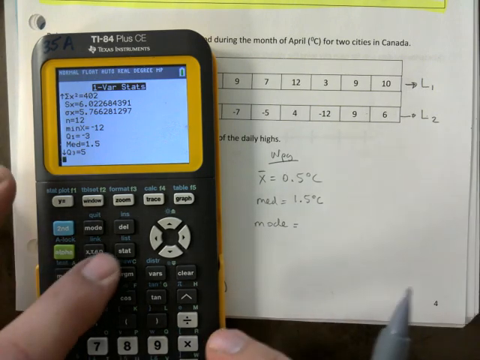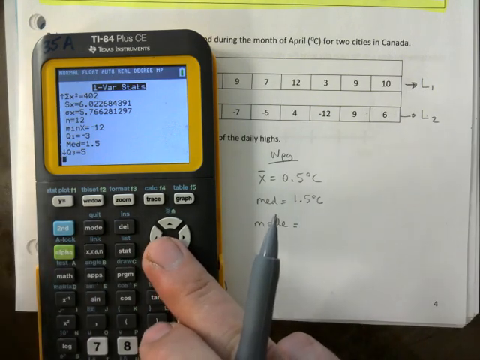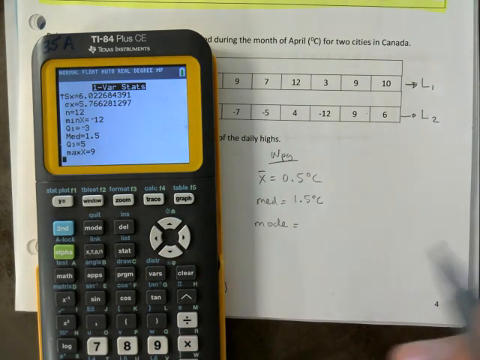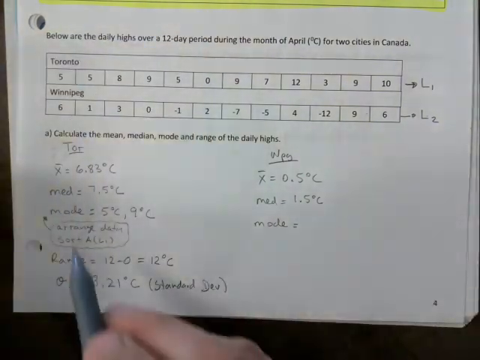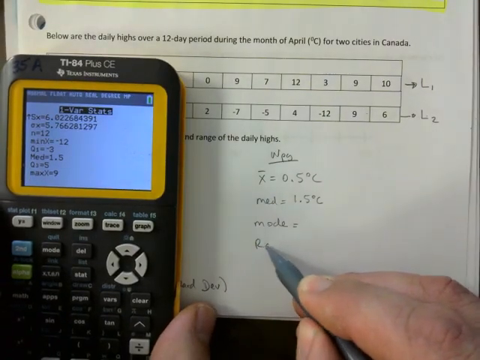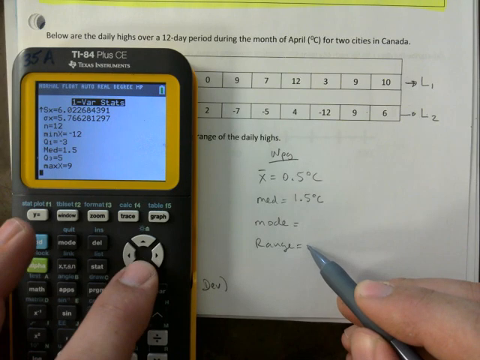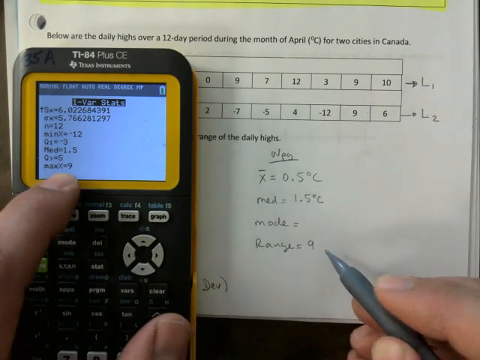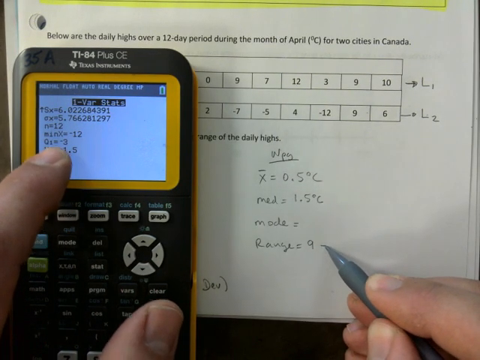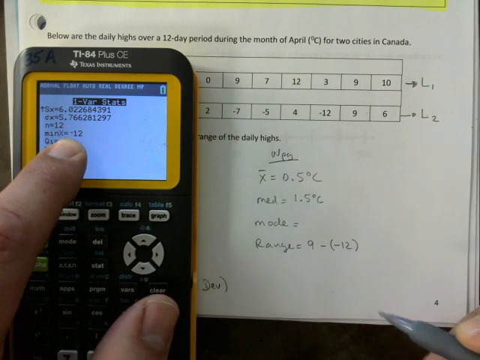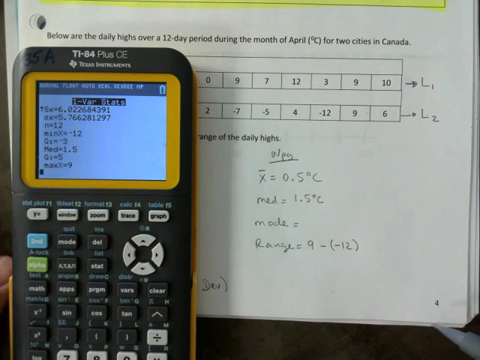I'm going to arrange it before I do that. Let's also do the next one, range. Watch this. Before I clear the screen, I'm going to figure out the range as well. Range is max, which is 9, minus negative 12. Oh, that's where the 21 came up from up there.